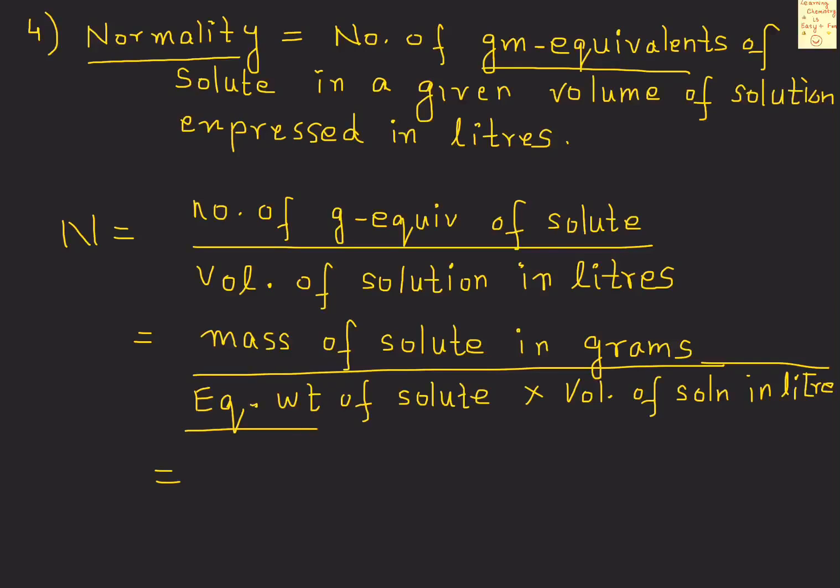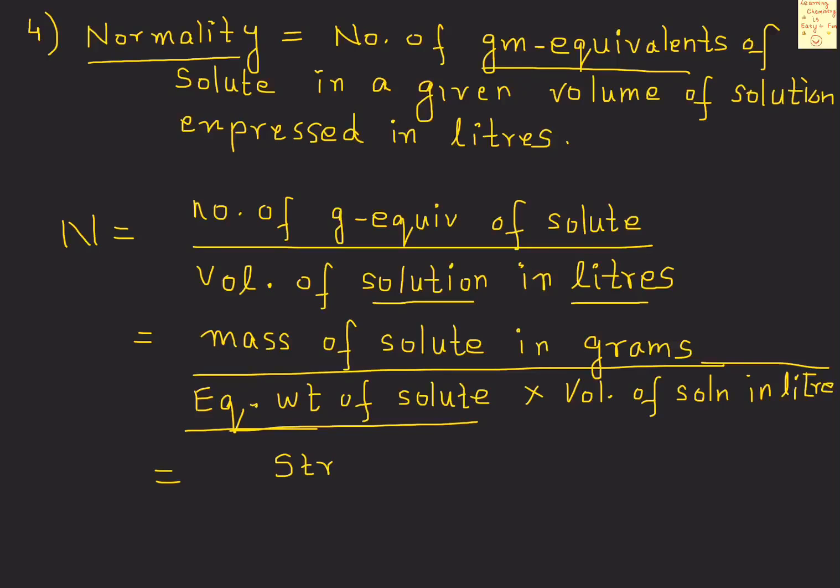Normality is the number of gram equivalents of solute divided by the volume of solution expressed in liters. As I said, number of gram equivalents means the mass of the solute in grams divided by the equivalent weight of the solute, right? Now, what did we have? Mass of solute in grams divided by the volume of solution in liters. What did we call it in the previous definition? Very good.